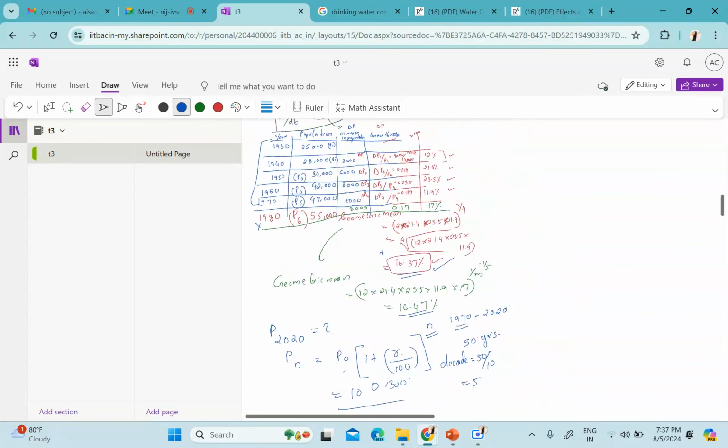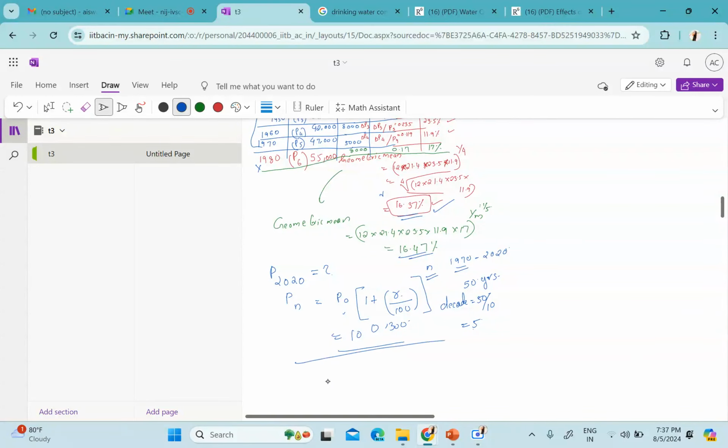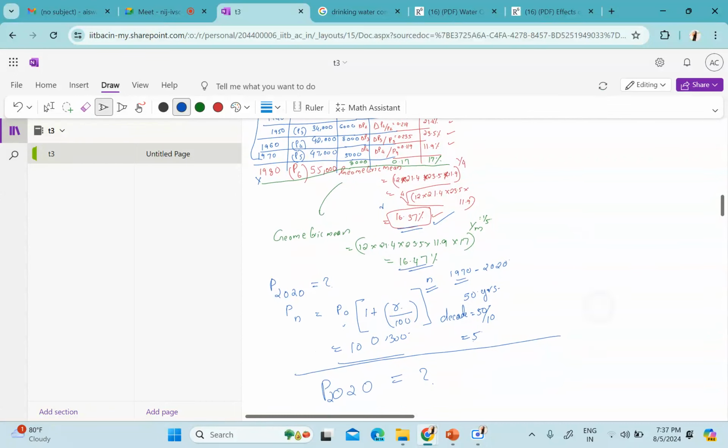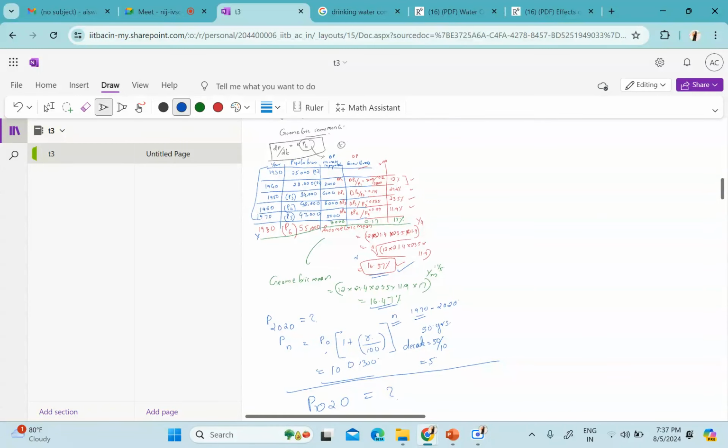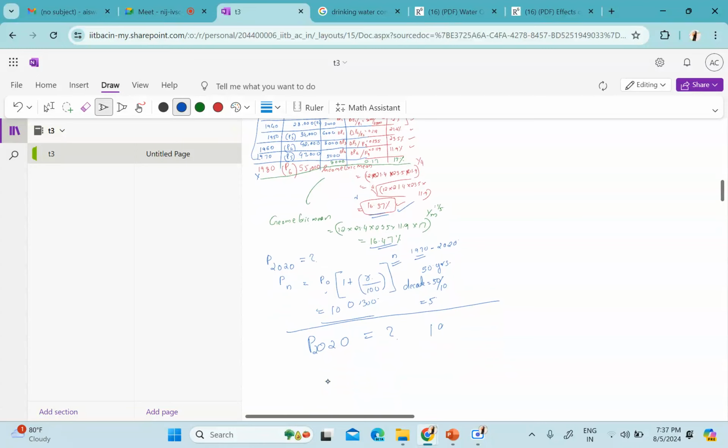If you consider 1930 to 1980, what is the number of people expected in 2020? You are considering the values from 1930 to 1980, then calculate the number of people expected in 2020.